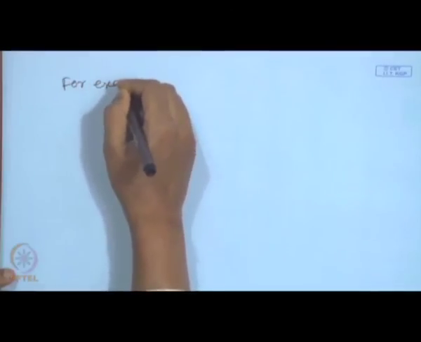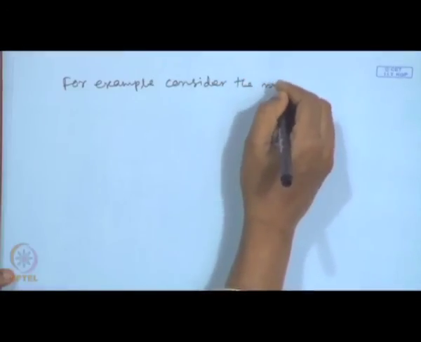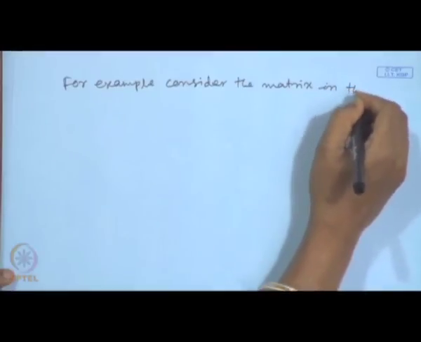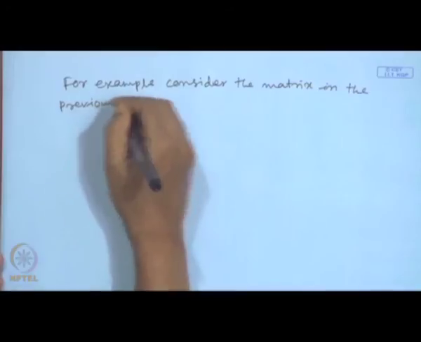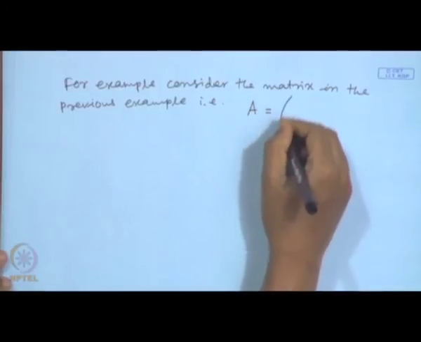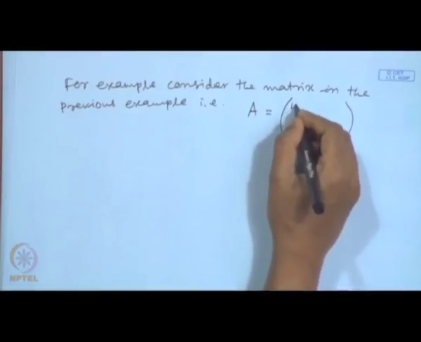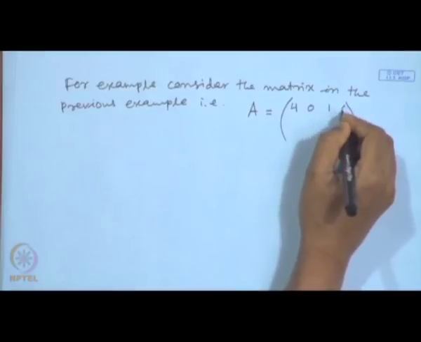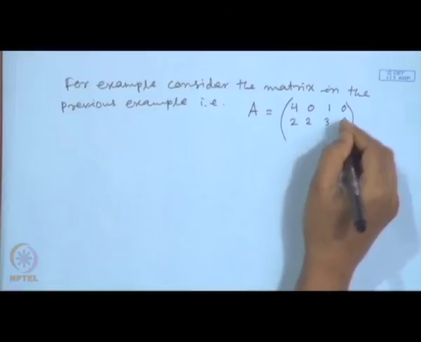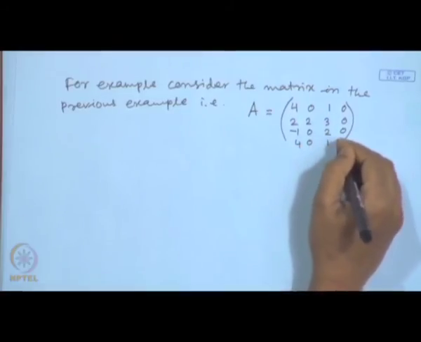So, next we will take one example. For example, we consider the matrix from the previous example, that is, A is this matrix: 4, 0, 1, 0, 2, 2, 3, 0, minus 1, 0, 2, 0, 4, 0, 1, 2.